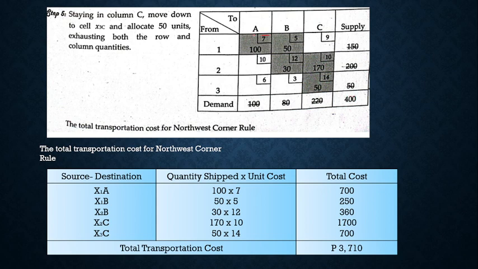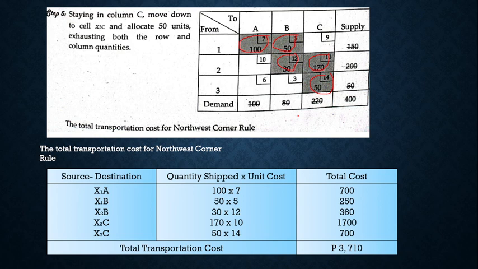So, yung naka-highlight na cell or box, i-copy mo yan doon sa ating total transportation cost or the tableau.